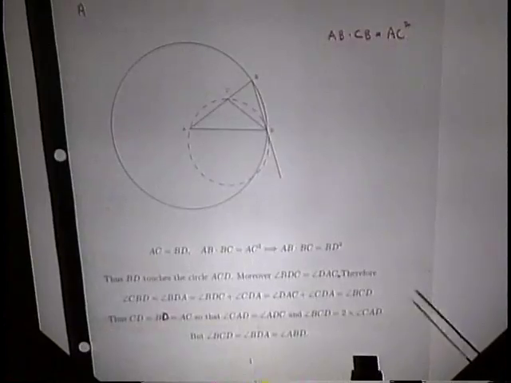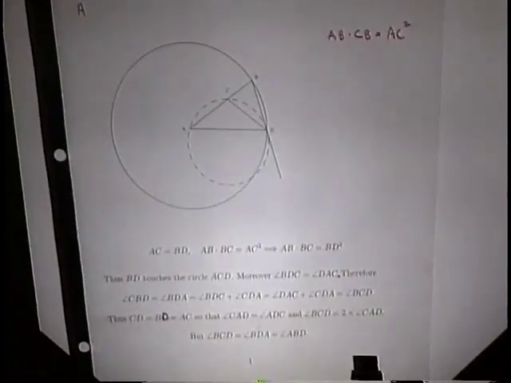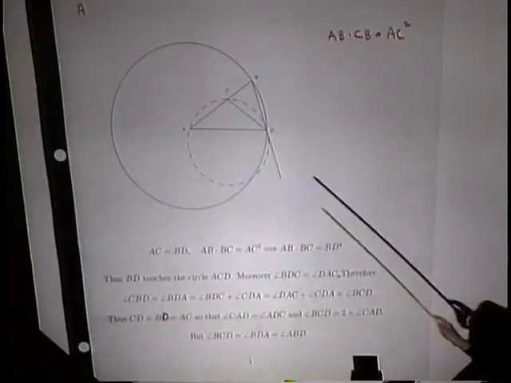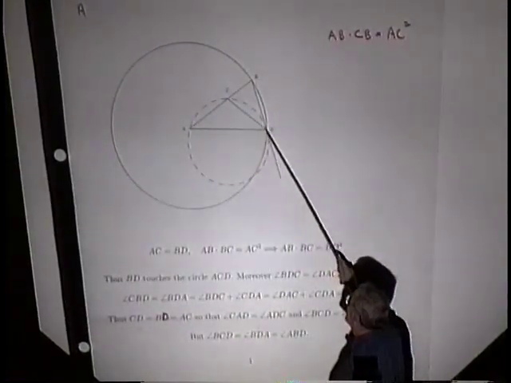So that's that part. Now let's keep going. We can remember CD is equal. So we have this. Now we want to show that we have two triangles up here that appear to be isosceles. This one and this one.